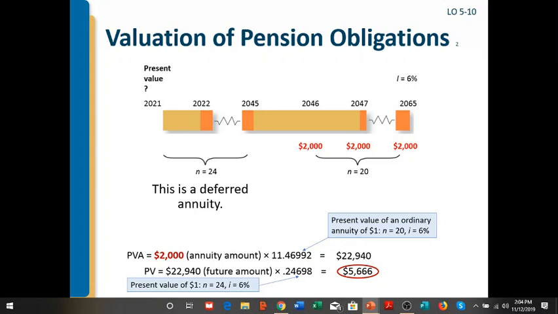Well, how much the present value is of essentially 24 payments at 6%. So essentially what you've done is figure out the future value of the annuity.